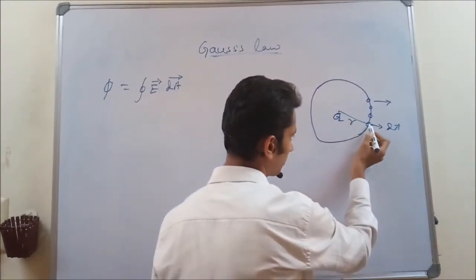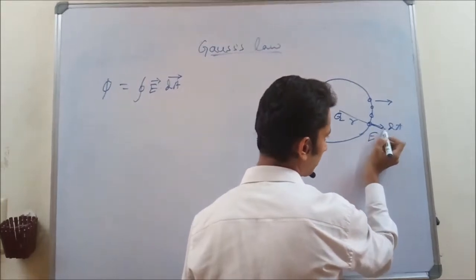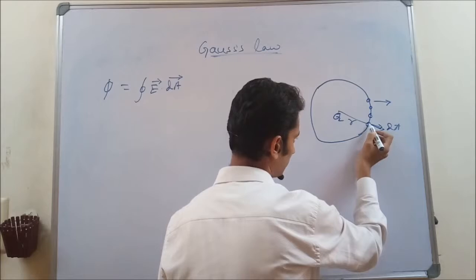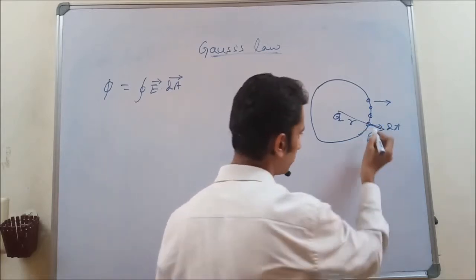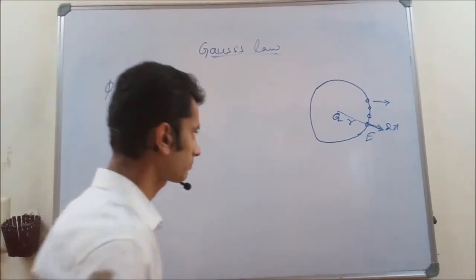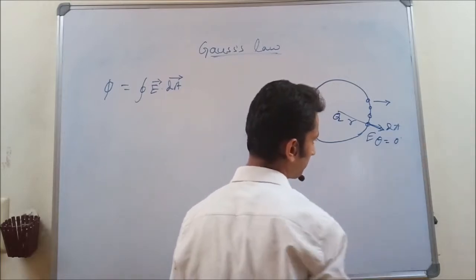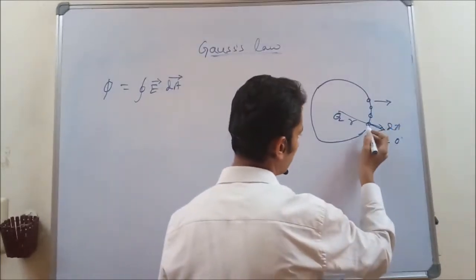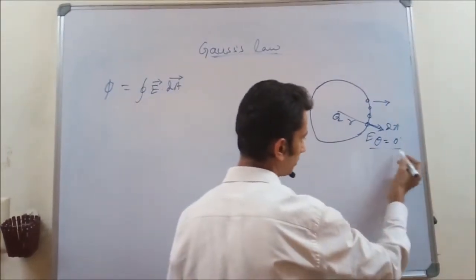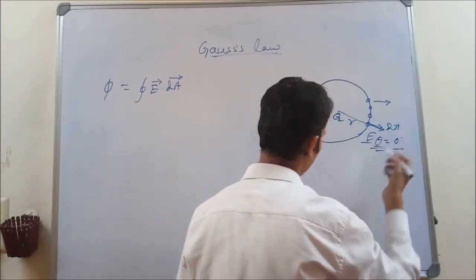The direction of the electric field will be normal to the small area, so the direction of the small area surface will be the same as the direction of the electric field. So theta will be 0 degrees at every small area.